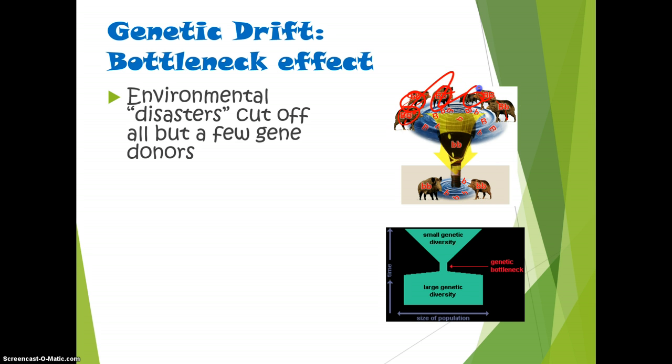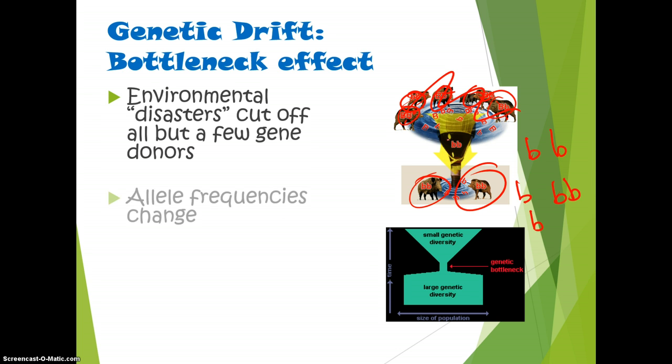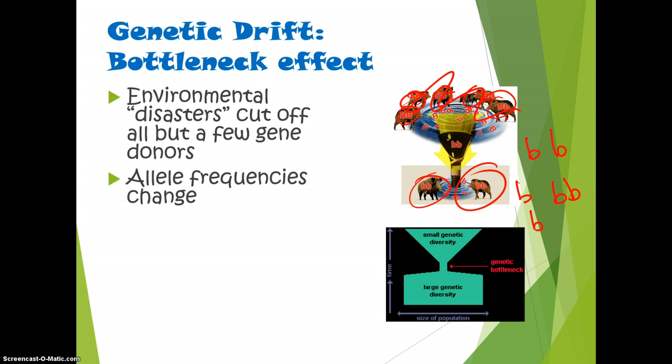If we kill them off so we only have two left, those are the only two possible genotypes we're going to get. And what's the possible genotype of little b, little b, and little b, little b? Well, it's all going to be little b, little b. So we've lost the dominant allele from that example up there. The allele frequencies change dramatically.